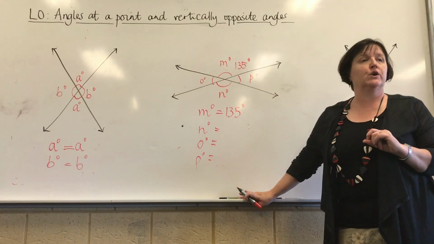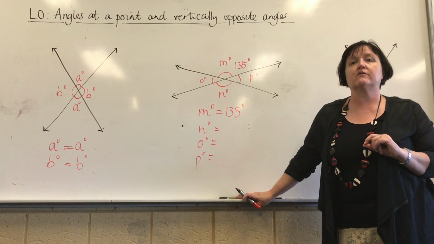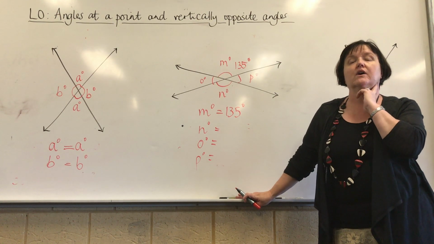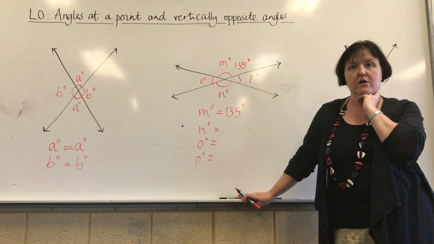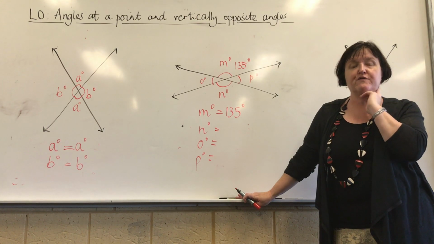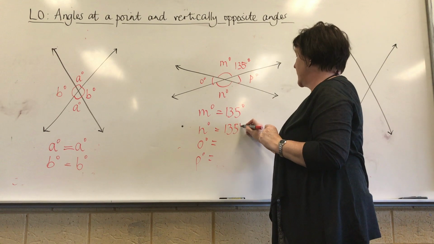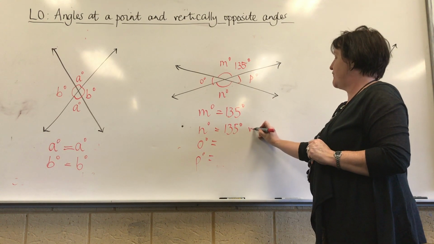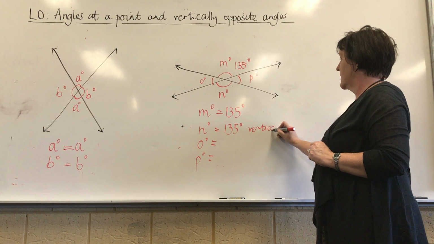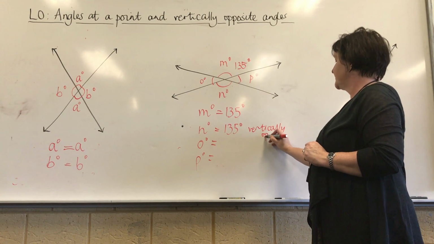Who'd like to give me one of them that they know? Zach. N is 135 because it's vertically opposite to M, that's right.